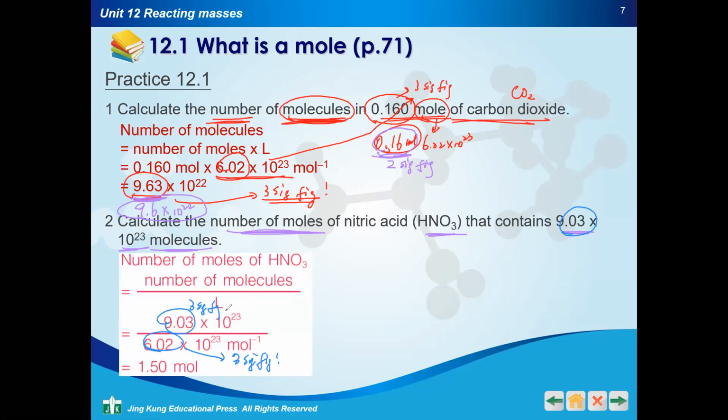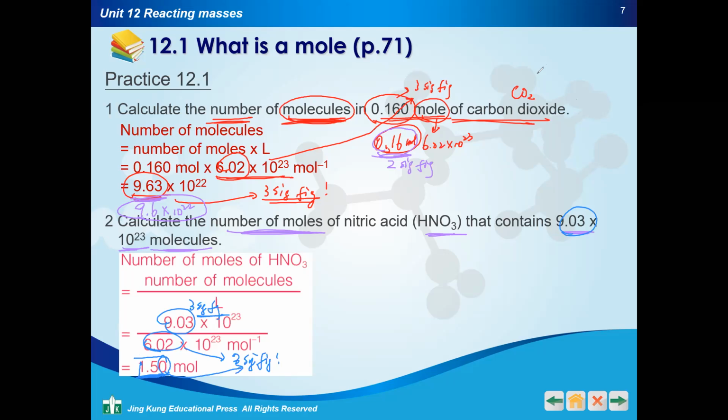But when you press the calculator, it will only give you 1.5. So you should give me one more 0 here to denote that the accuracy is in 3 sig fig. Do you understand? So this is what you have to tackle. Check for the significant figures. Is that clear?